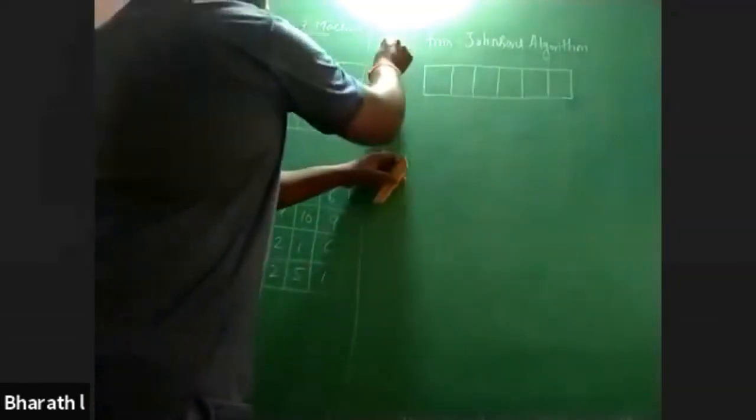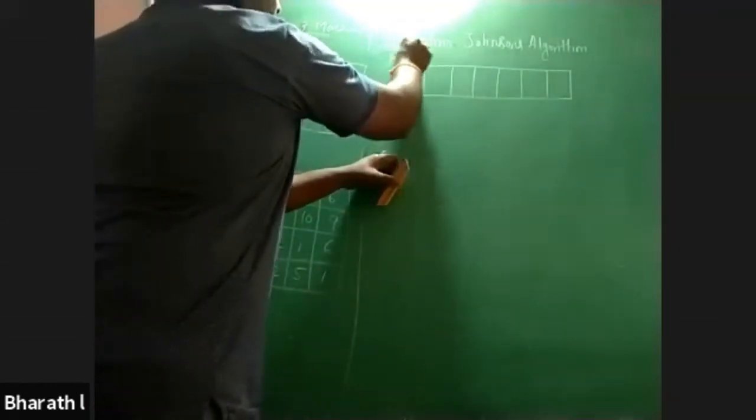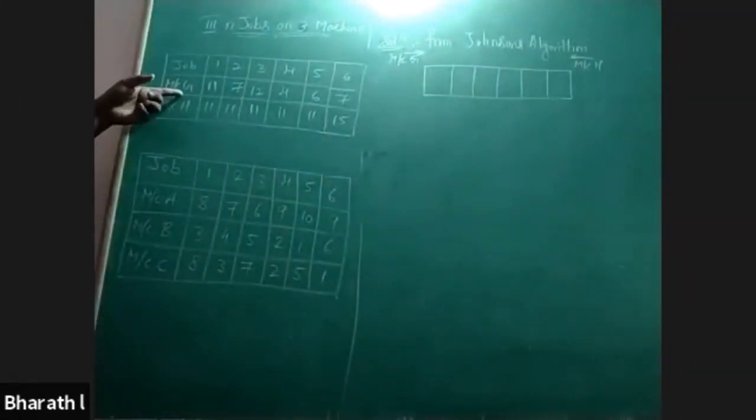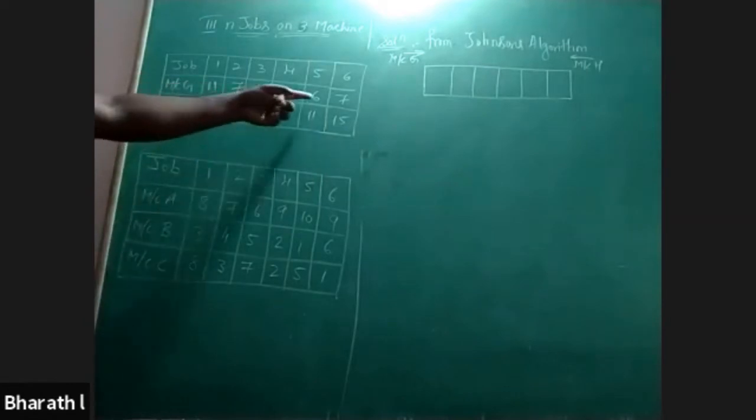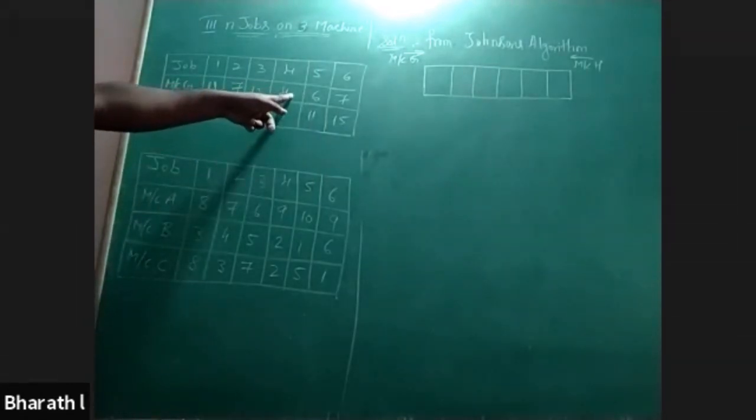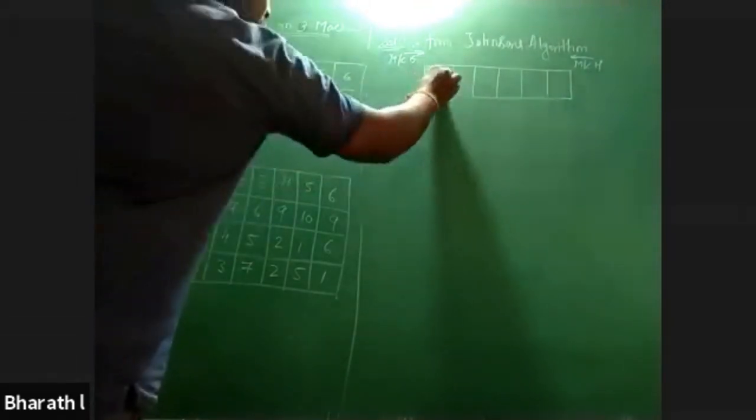And you need to represent machine G and machine H. For machine G, the least processing time is 4. The respective job is 4. Then here you have to locate 4 and cancel.